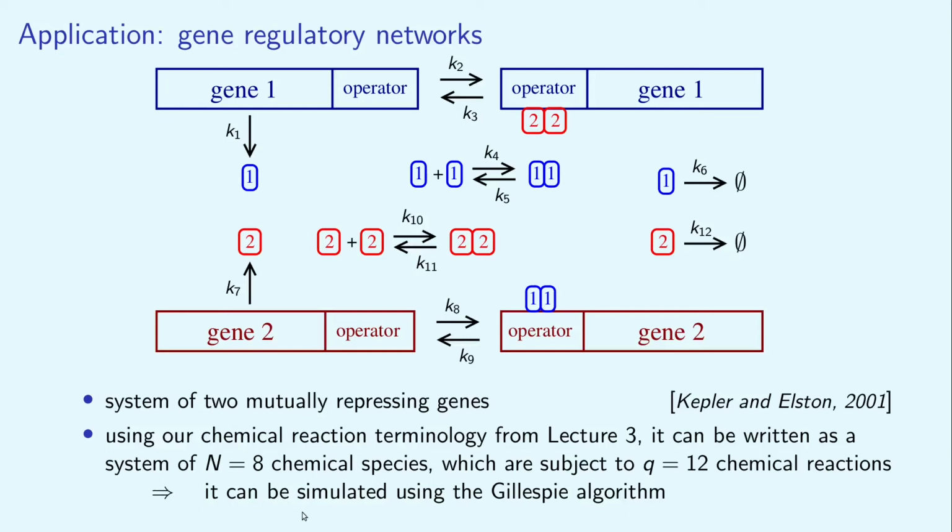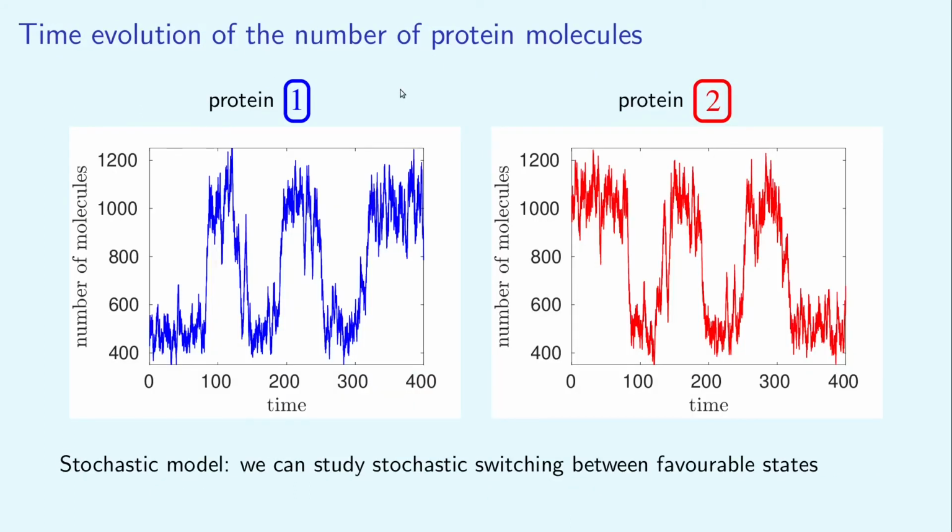In any case, once we rewrite my schematic as the chemical reaction system, we can use the Gillespie algorithm to simulate it. I am presenting a result of such a simulation here. In this simulation, I am calculating the numbers of molecules of protein 1 and protein 2.